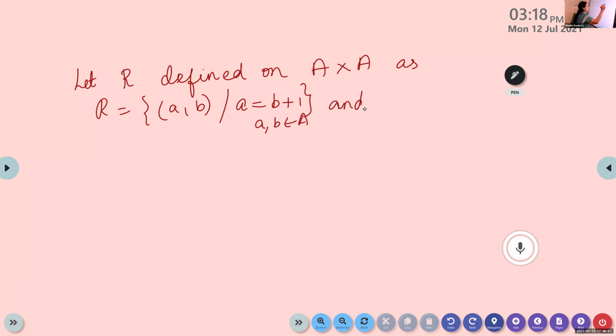And A is equal to the set {1, 2, 3, 4, 5}.